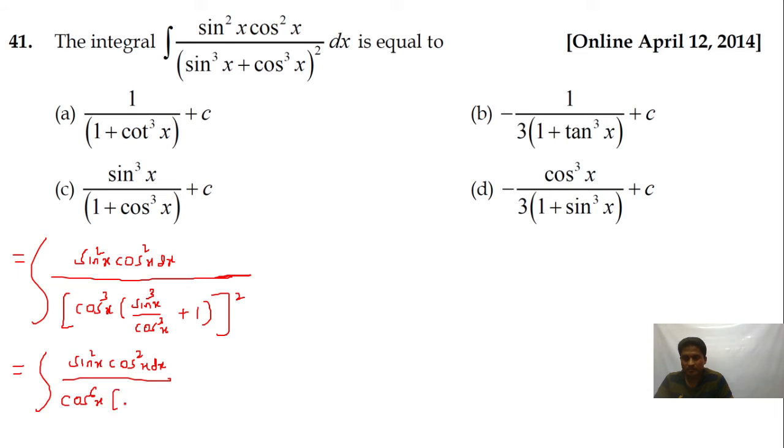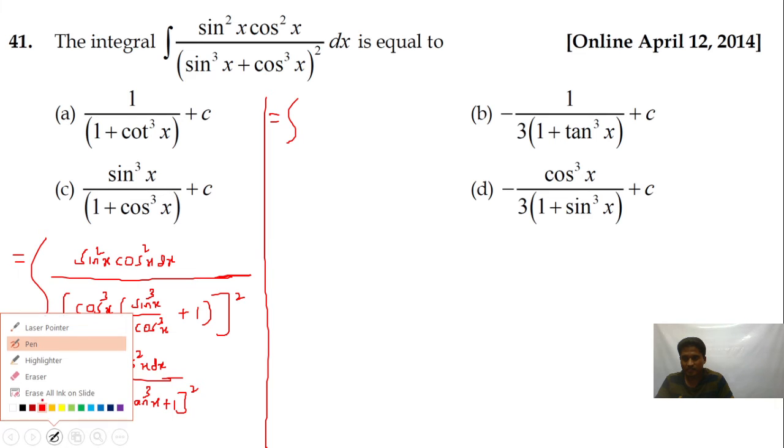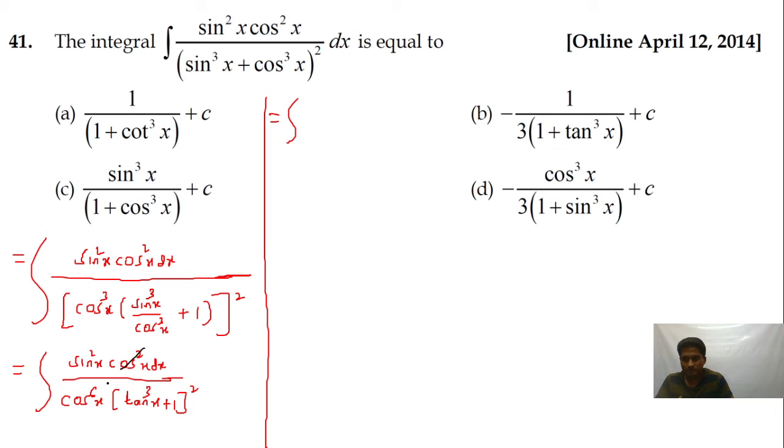Sin by cos is tan. You will get tan cube x plus 1, and then this is whole square. Now if I divide this, cos square will cancel with the power 6, you get 4.